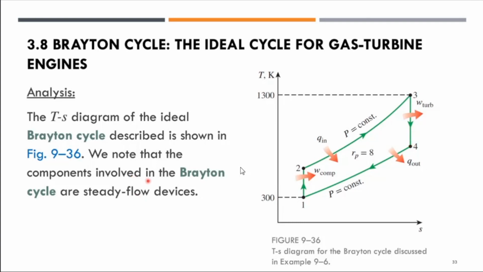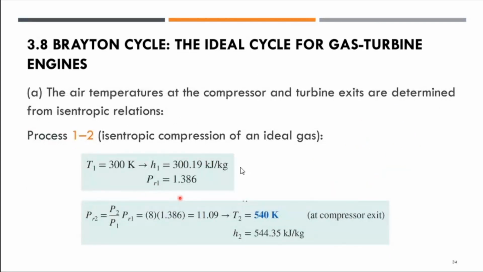We note that the components involved in the Brayton cycle are steady flow devices. The air temperatures at the compressor and the turbine exits are determined from the isentropic relations. Using the isentropic relation for compression of an ideal gas, we have the temperature T1 at 300 Kelvin.